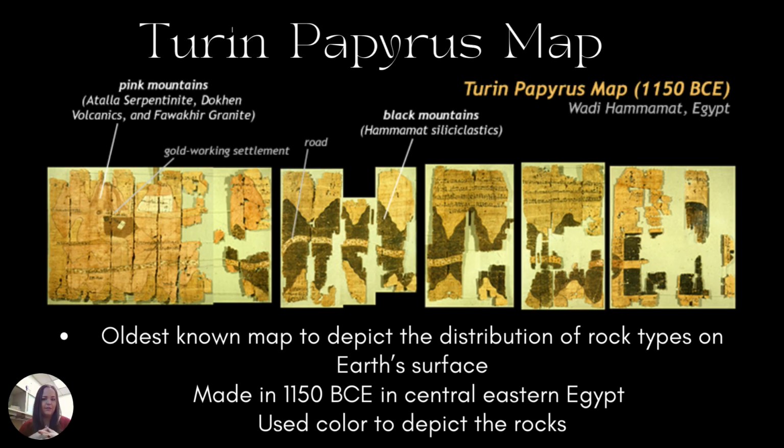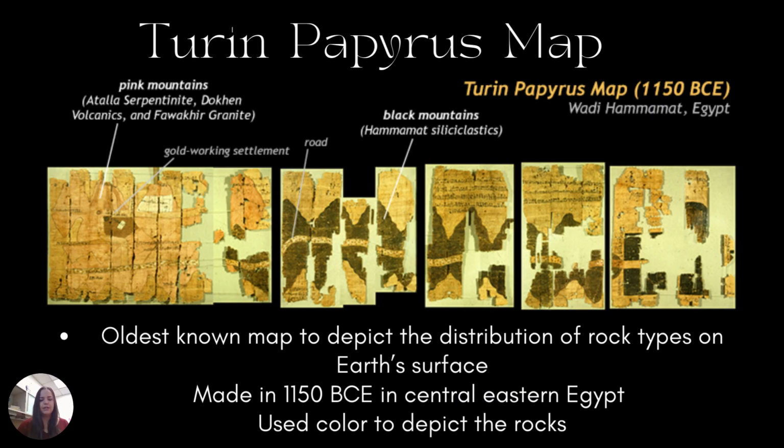And this is what we have left of it. Unfortunately, it's very old, very pieced together. They used color to depict the rocks. And like I said, this is the oldest known application of geologic mapping.